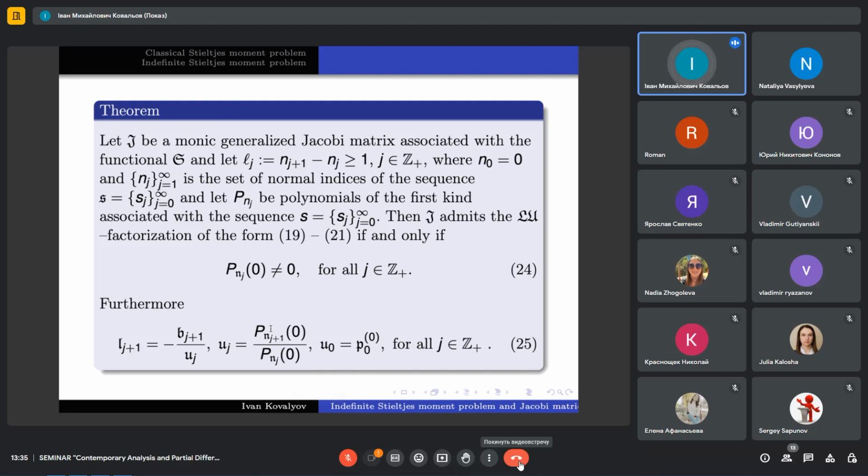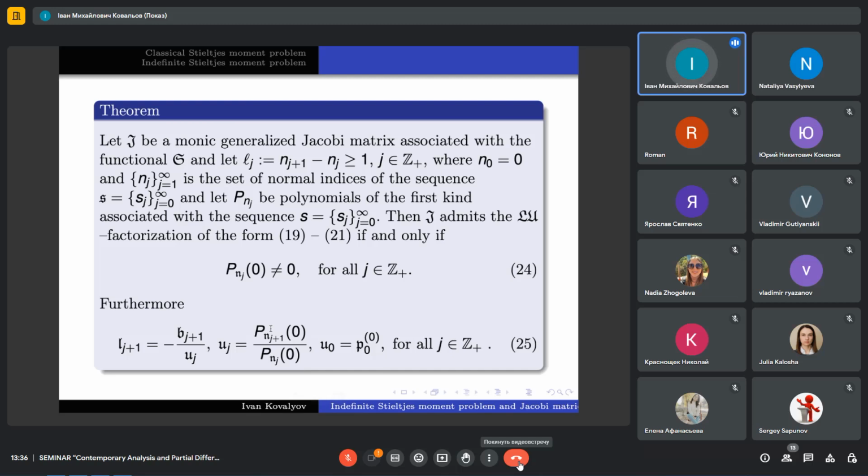The second step is the main condition, because this condition is associated with solvability of the indefinite Stieltjes moment problem. Because if 24 holds, then our sequence S is regular.